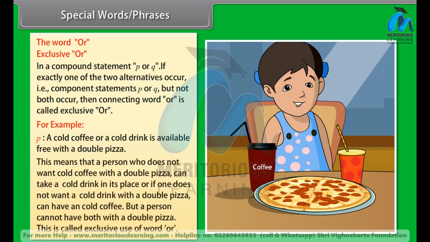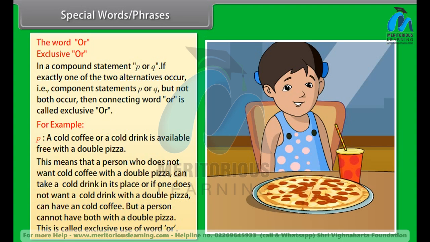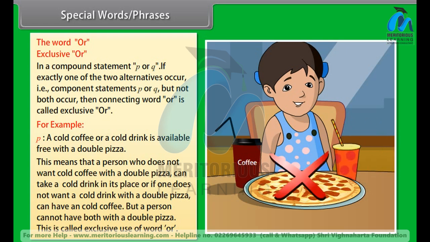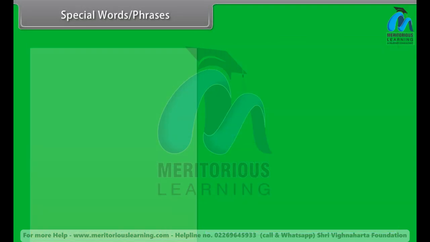This means that a person who does not want cold coffee with a double pizza can take a cold drink in its place, or if one does not want a cold drink with a double pizza, can have a cold coffee. But a person cannot have both with a double pizza. This is called exclusive use of the word "or".